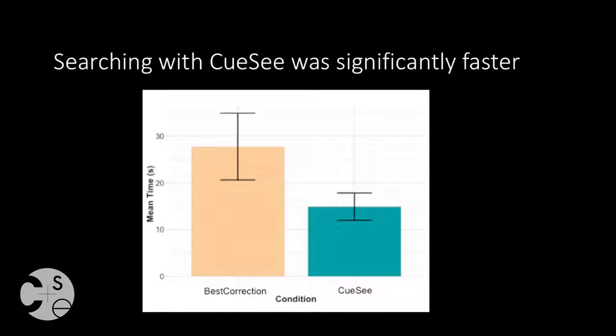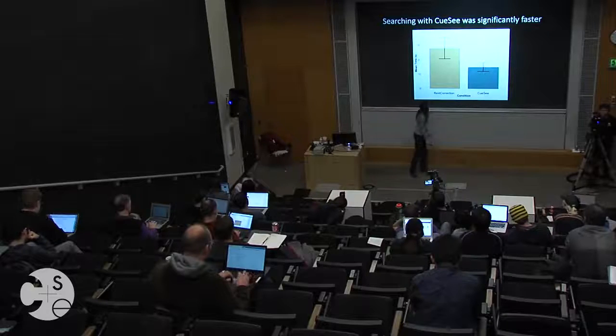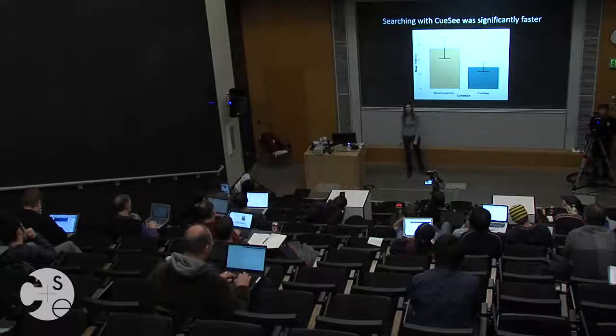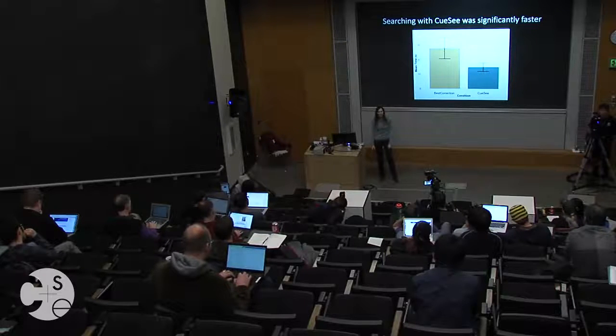So it took them nearly half a minute to find a specified product on that mock grocery store shelf. And with QC, it took them about 15 seconds. So the time was cut almost in half, which was a huge win.